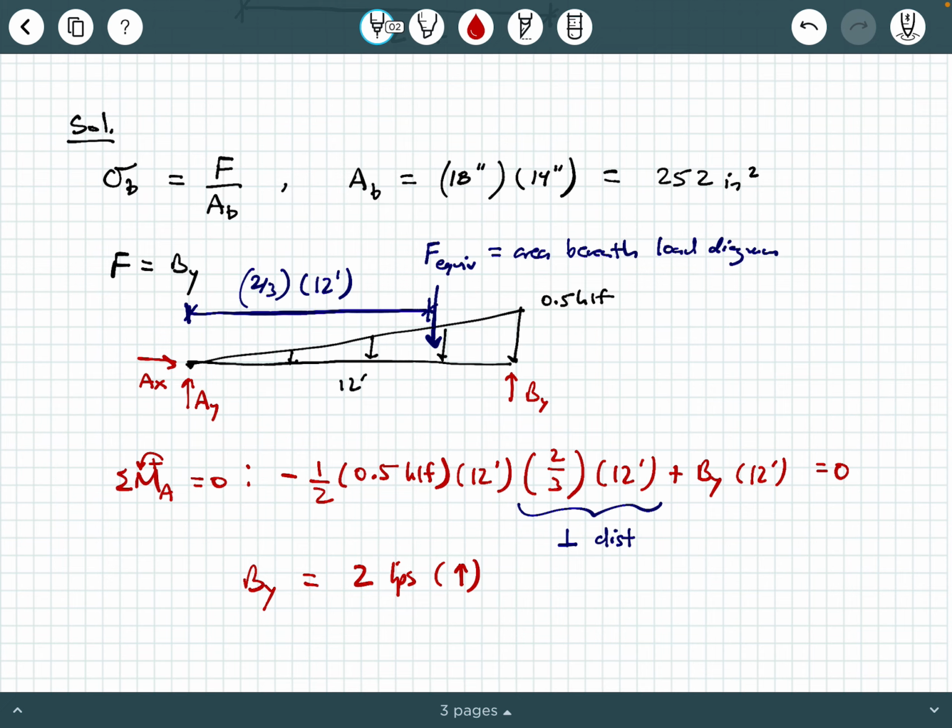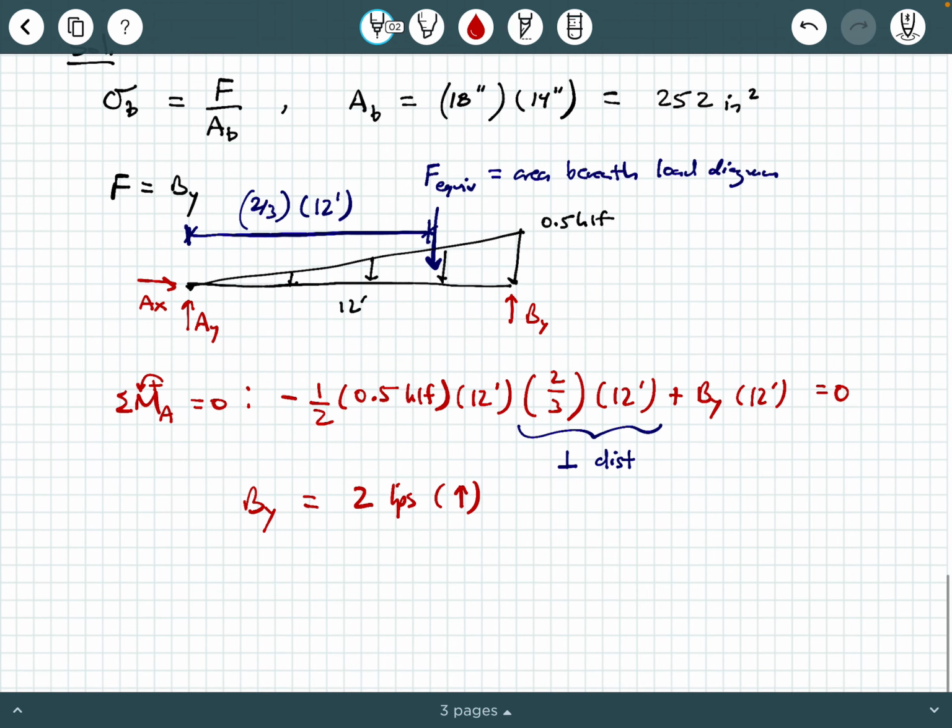Now, that's a compressive or bearing force, and so finally, if we want bearing stress, we're going to say sigma sub b equals 2 kips divided by 252 square inches, and what we get is 0.00793 KSI.